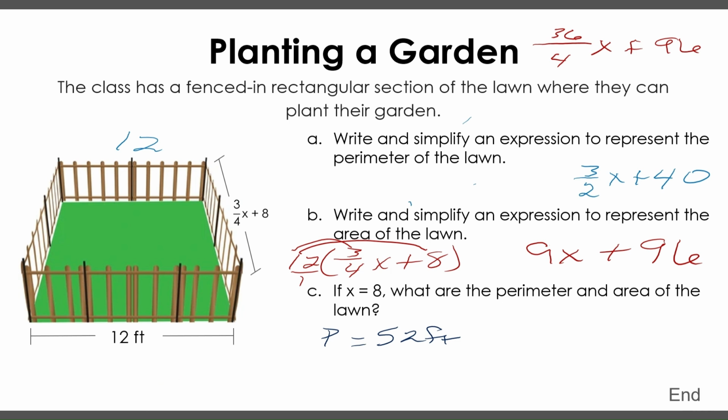All right, so now we're going to do the area. So we're doing the same thing as before. We're substituting in 8 for the equation. So the area was our 9x plus 96. Instead of the x, we're going to substitute in 8.